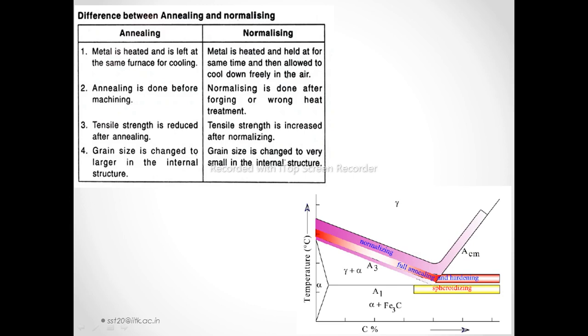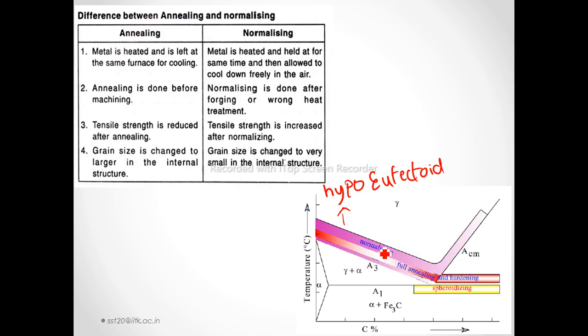Here this diagram indicates the temperature variations of full annealing as well as normalizing. This is for hypoeutectoid steel.